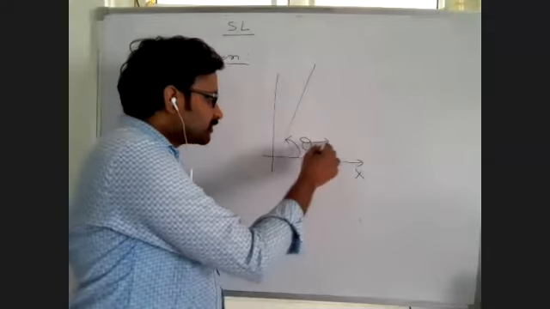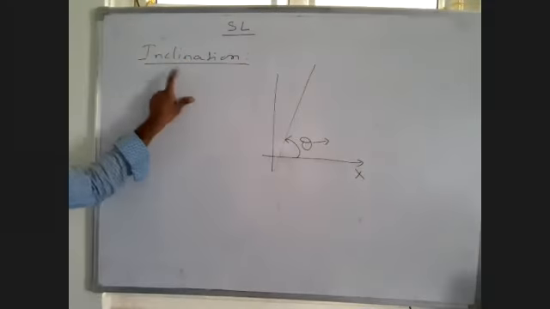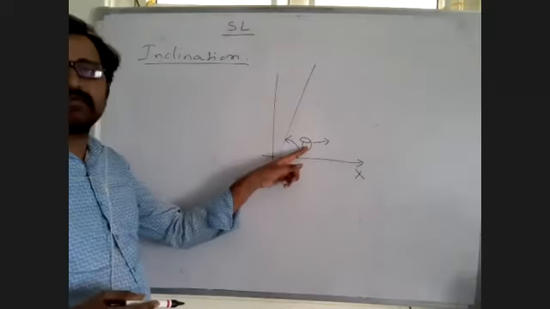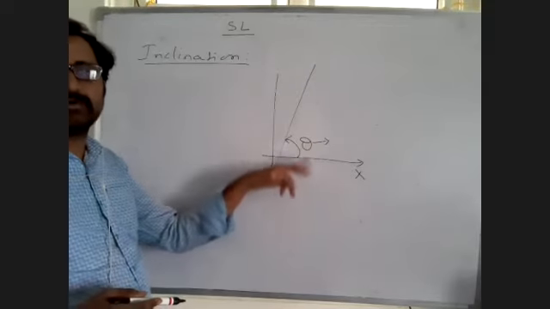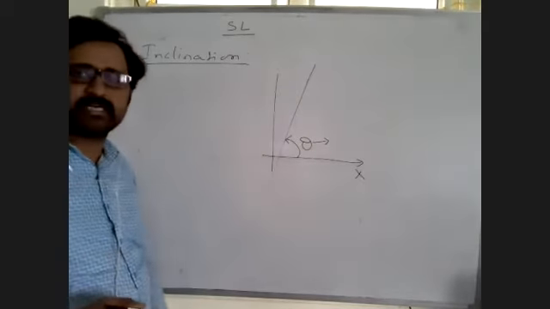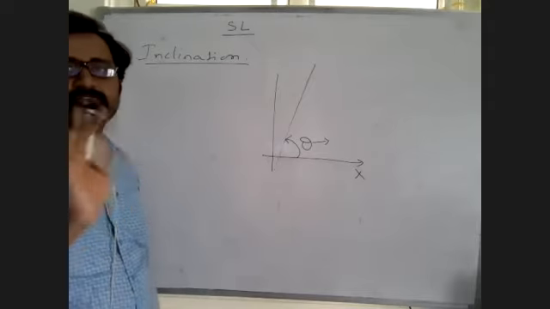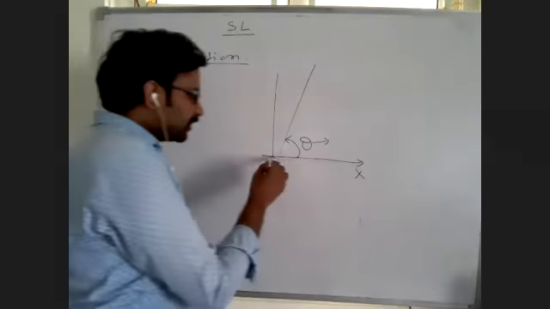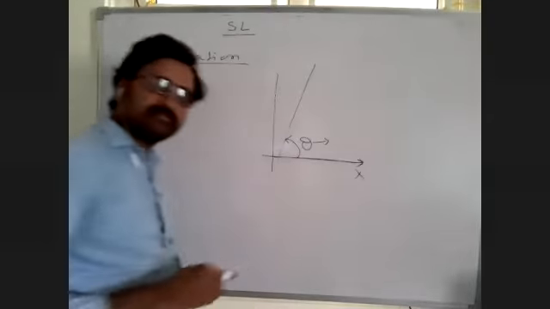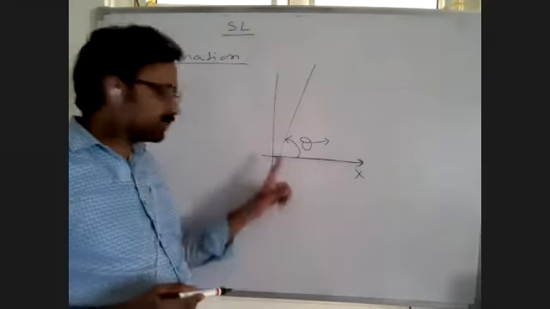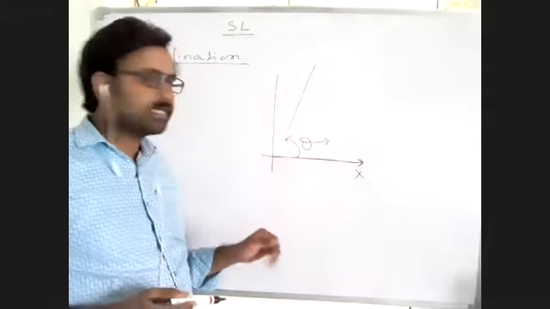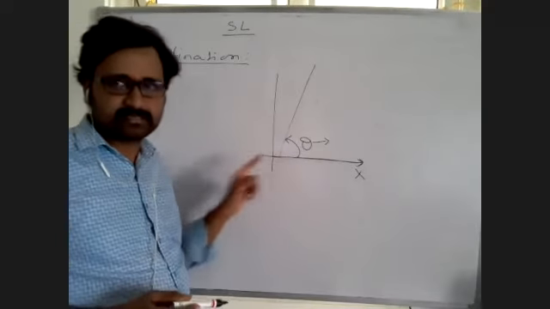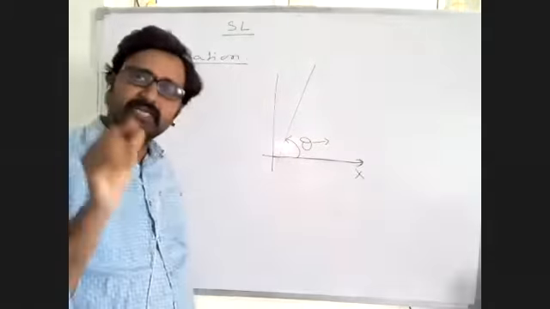Then that theta is called inclination, not slope, inclination. The inclination of a line means the angle theta this line makes with the x-axis. So always we measure the angle with the x-axis.